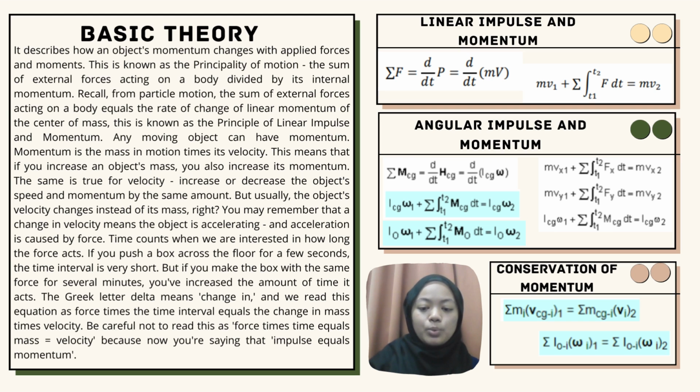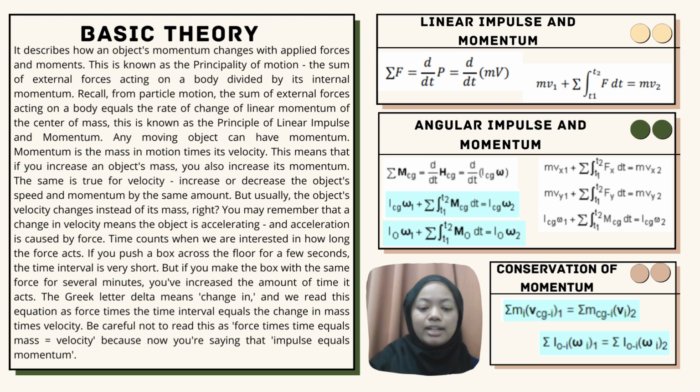Time counts when we are interested in how long the force acts. If you push a box across the floor for a few seconds, the time interval is very short. But if you push the box with the same force for several minutes, you've increased the amount of time it acts.